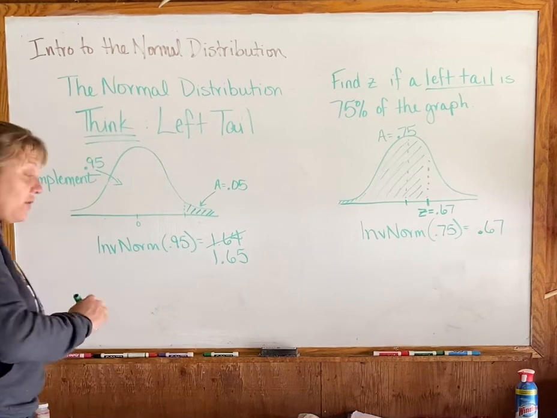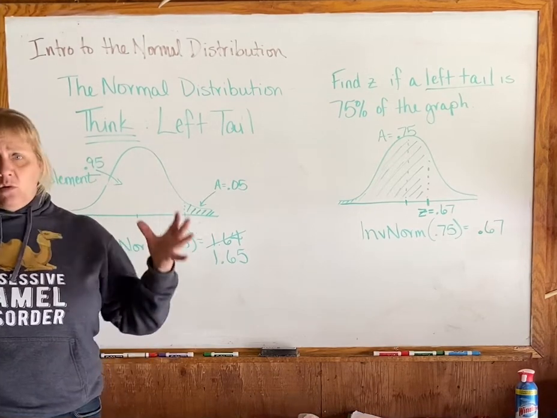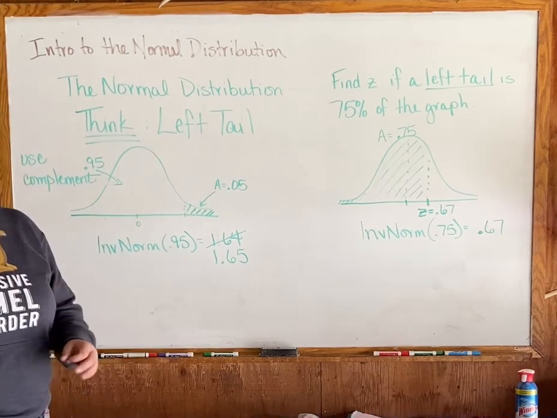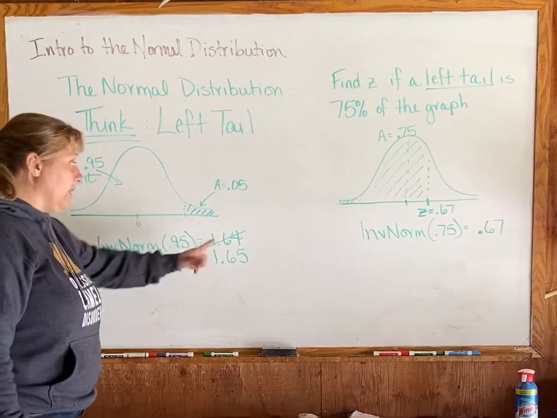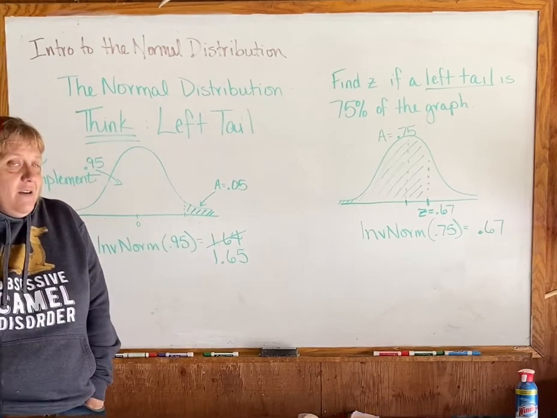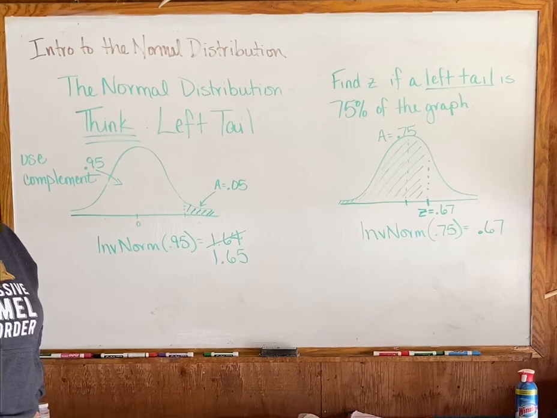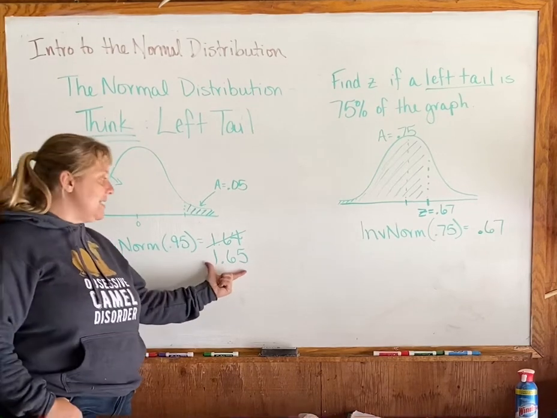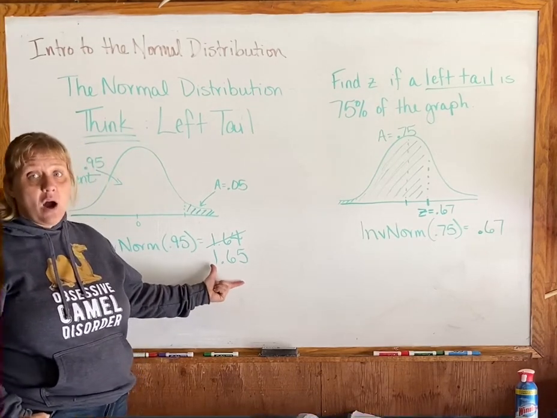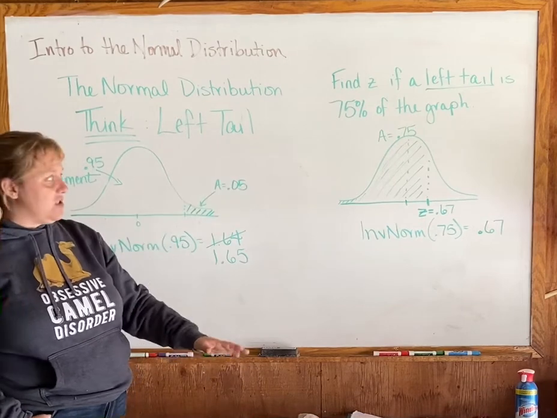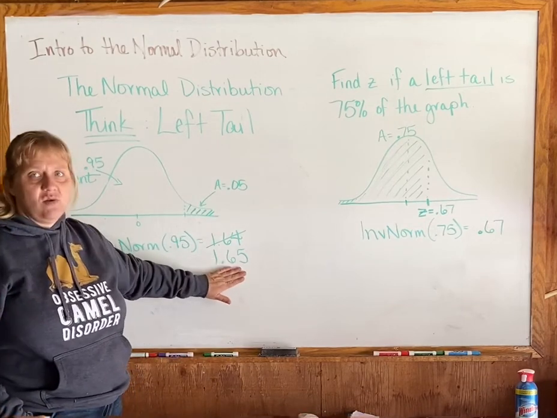Now that we have the calculator, precise to so many decimal places, the calculator did give us 1.64, didn't it? But it's almost 1.65, very close. Because this guy is used so often and for so many years, we tend to use this instead.